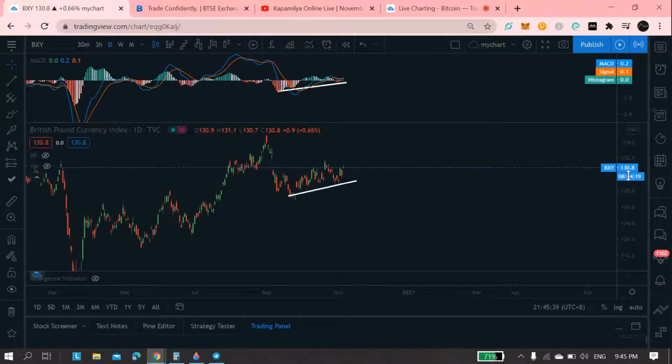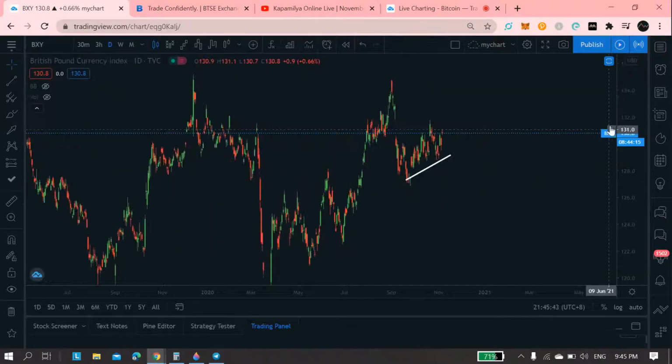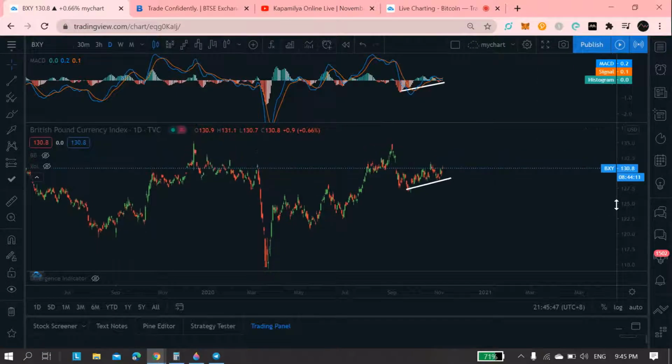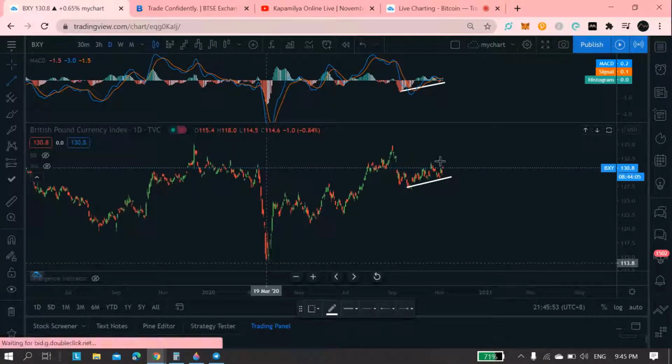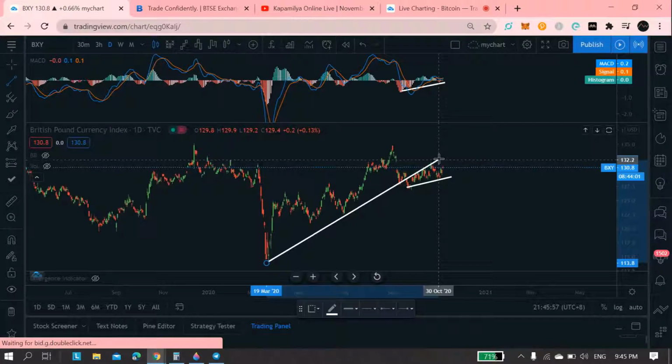So anyway, let's look at the chart. Oh, so it's actually possibly bullish in my opinion. Anyway, let's plot it. Breakdown.